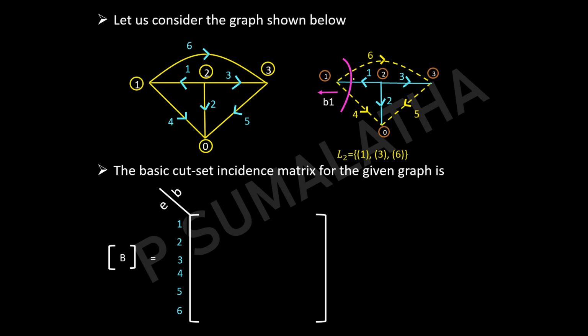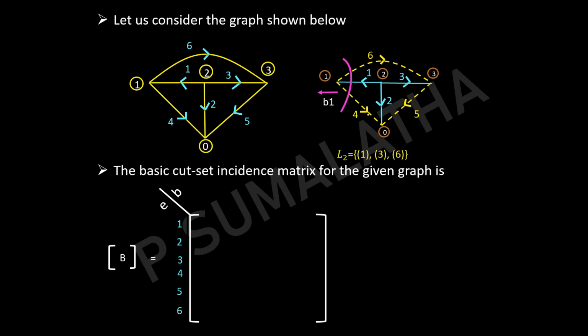And in that also, some lines may have a positive value, some lines may have a negative value. Then how to check which lines will have a positive, which lines will have a negative? If you see, this direction is entering into this first node. Out of these 3 lines, whichever direction is entering into this node carries positive 1, and the opposite direction carries negative.